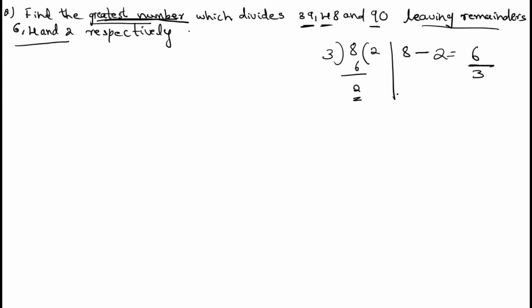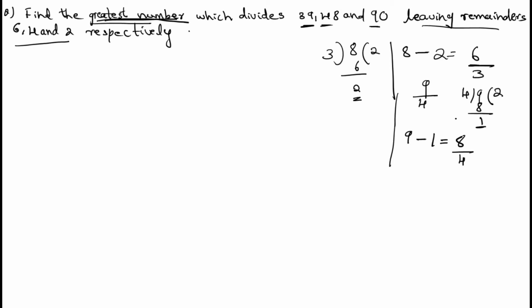Similarly, take the next number 9, I am dividing it by 4. The divisor is 4, the dividend is 9. 4 2s are 8, remainder is 1. Then 9 dividend minus remainder equal to 8, which is divisible by 4, right?